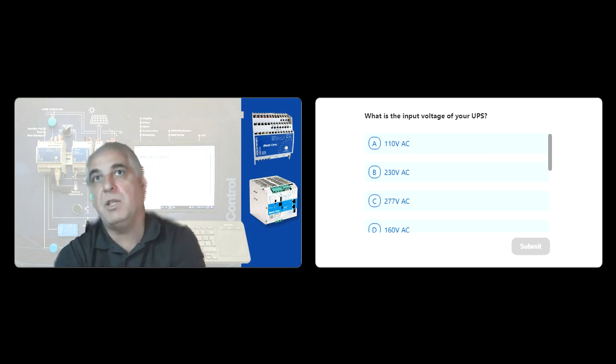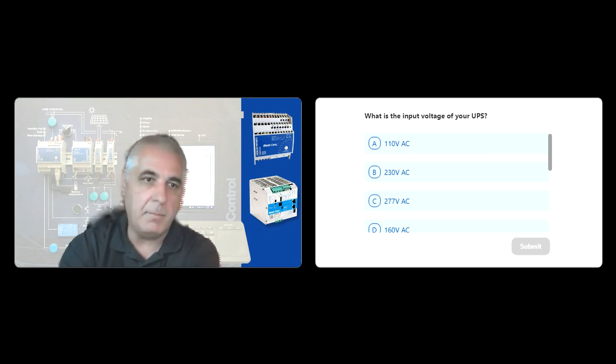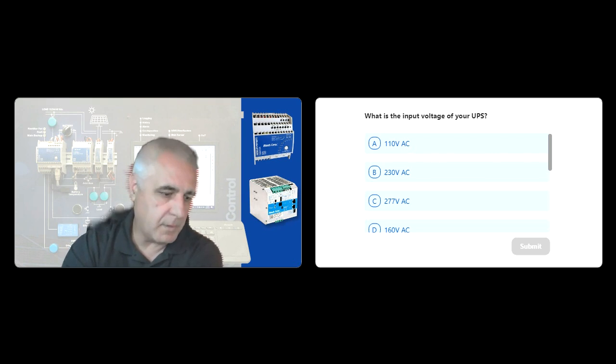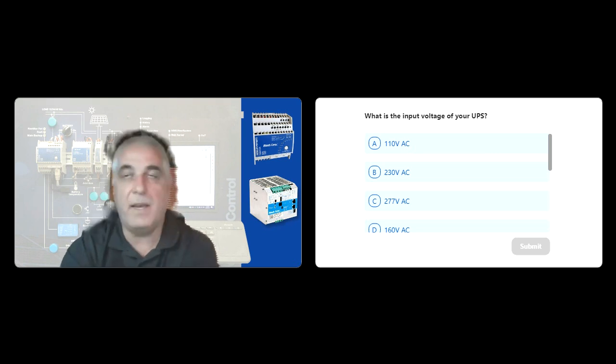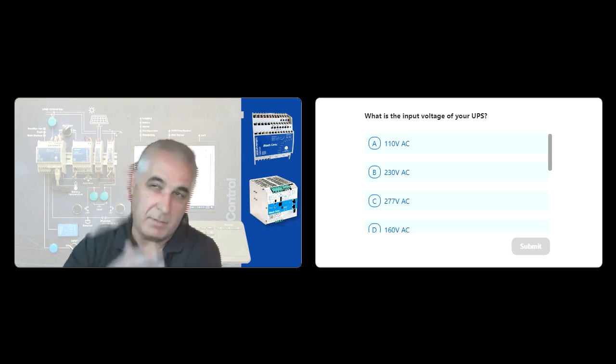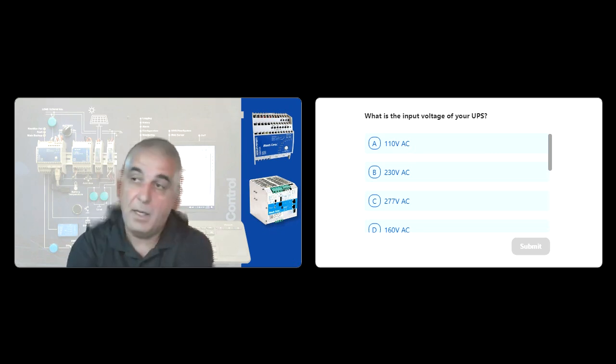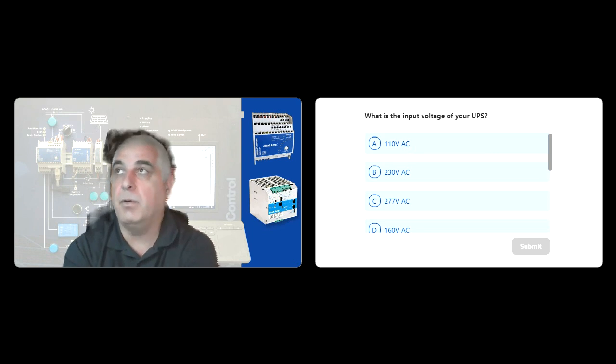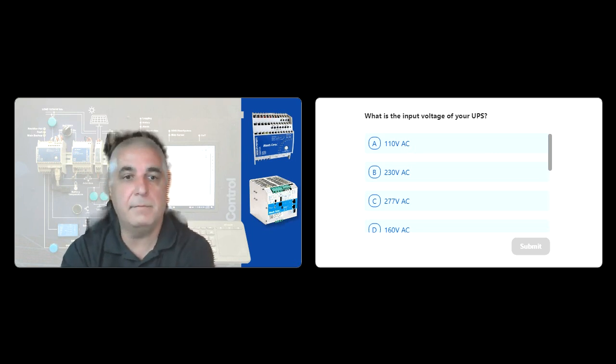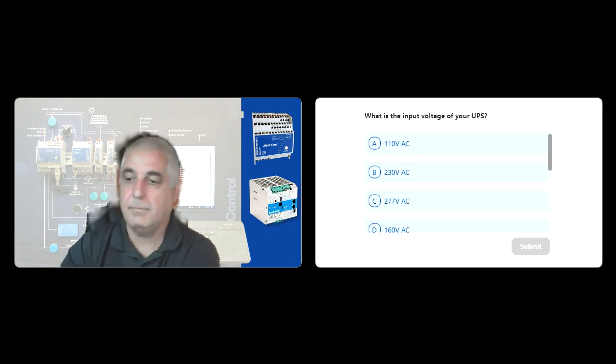The amperage can be changed. It can be set as a fast blow or slow blow and all that. And they communicate easily with our DC UPS system. So that's a very important feature for our customers.